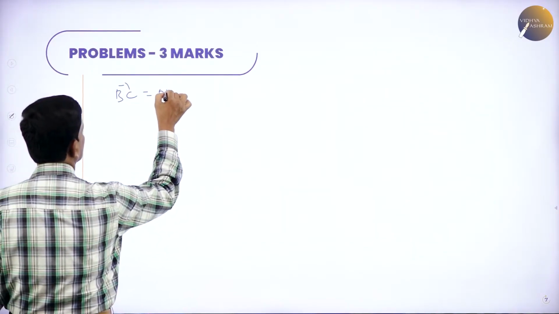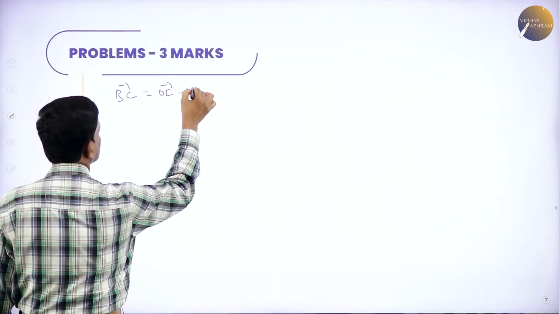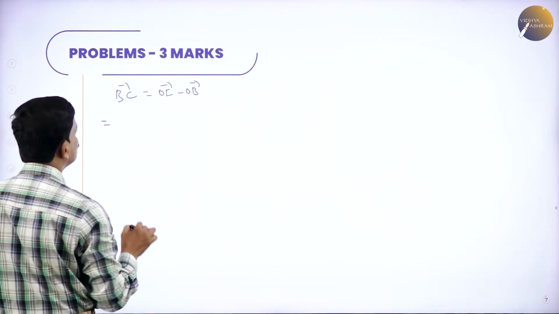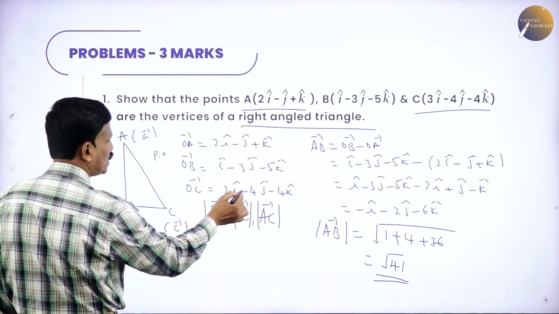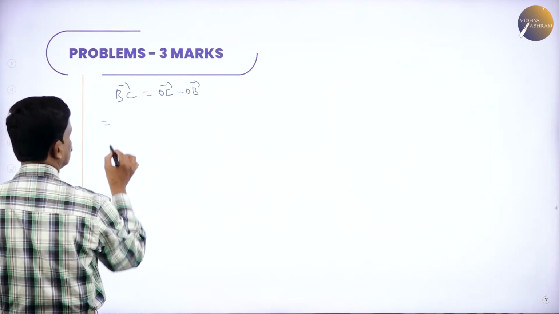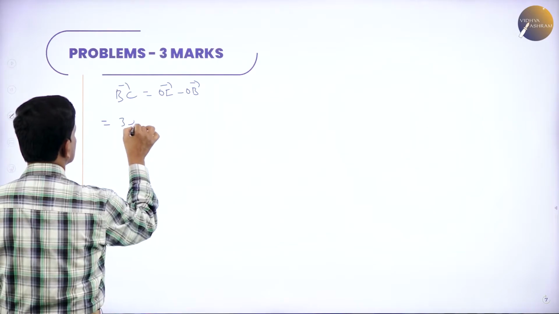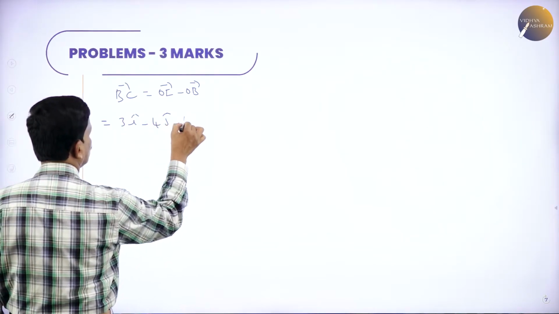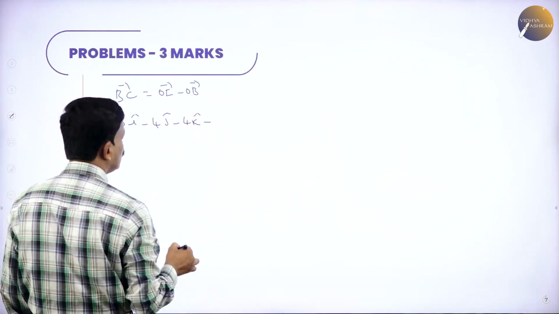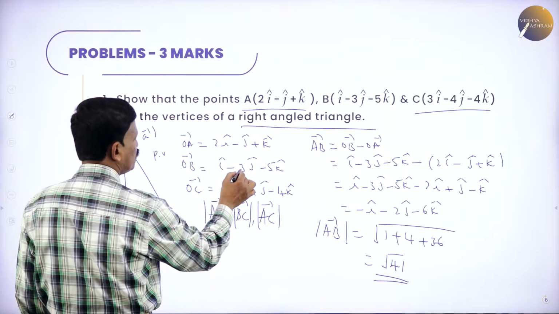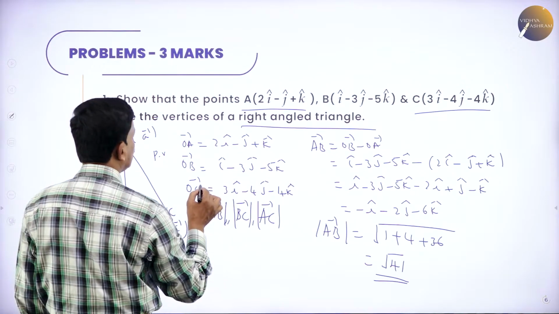Vector BC is equal to vector OC minus vector OB. What is OC vector? OC is equal to 3i cap minus 4j cap minus 4k cap, minus vector OB. OB is i cap minus 3j cap minus 5k cap.